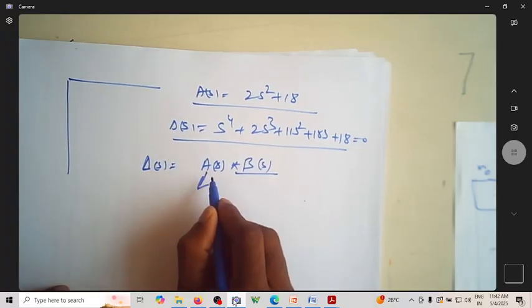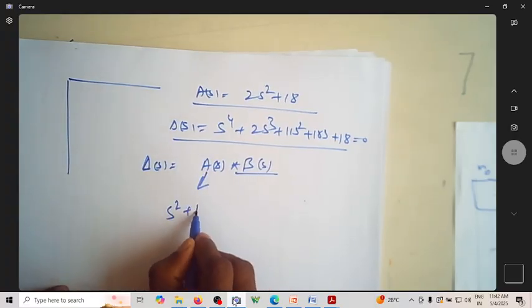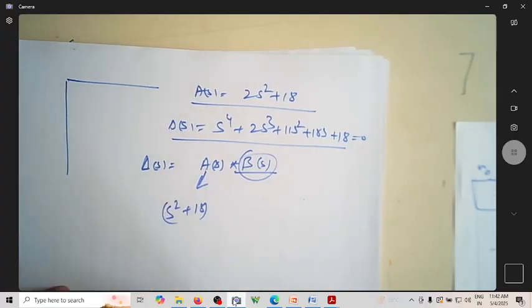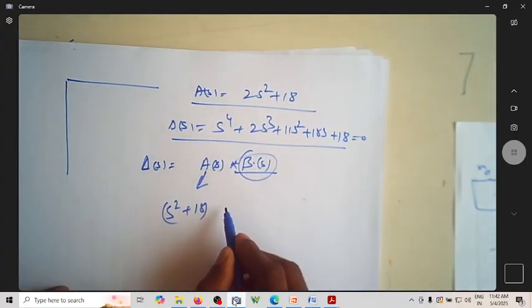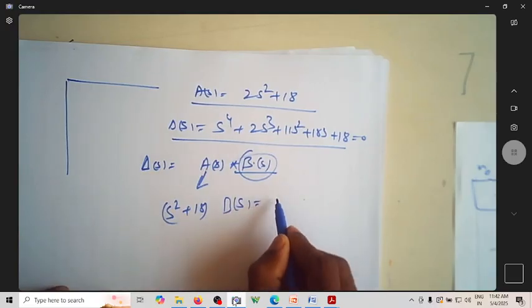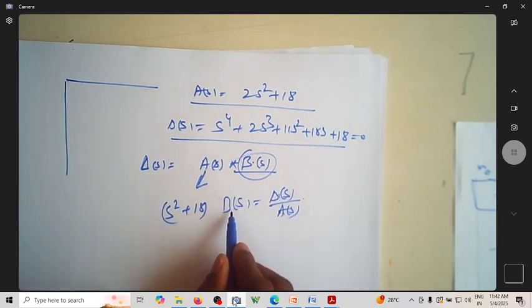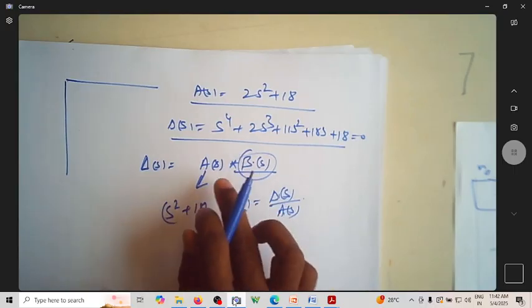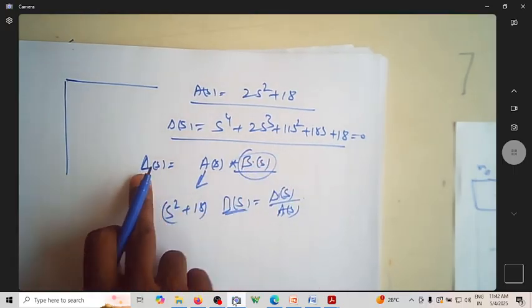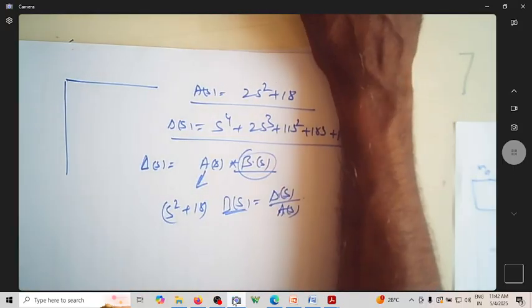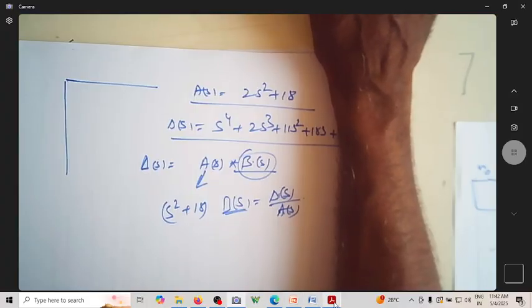This I know: it is s square plus 18. How do I know this? I can find B of s if I divide del of s by A of s. Del of s by A of s will give me the second part of my characteristic equation. That's what is there here. See here?